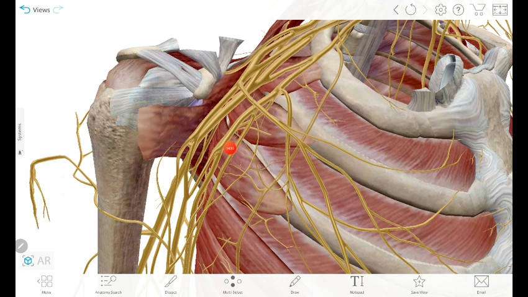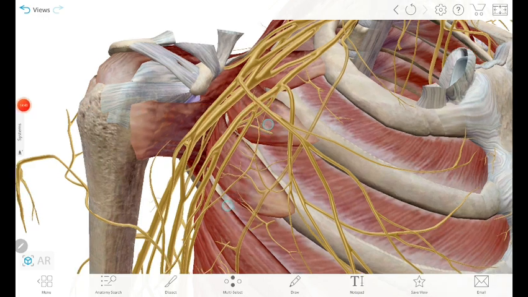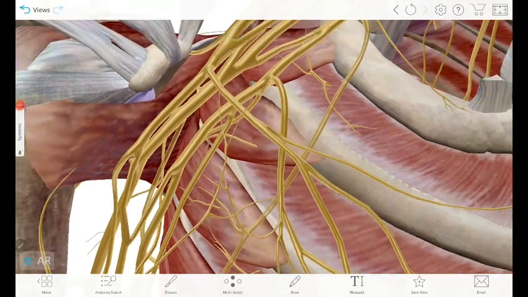So this over here is the medial cord of the brachial plexus, and the branches of the medial cord are remembered by the mnemonic M4U. So there are 4 M's and 1 U. So let's see the branches.